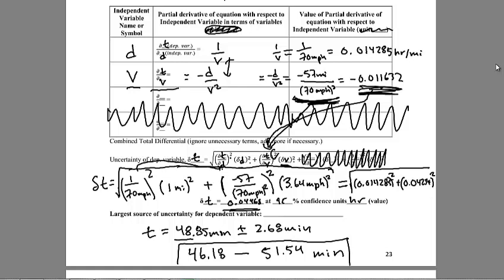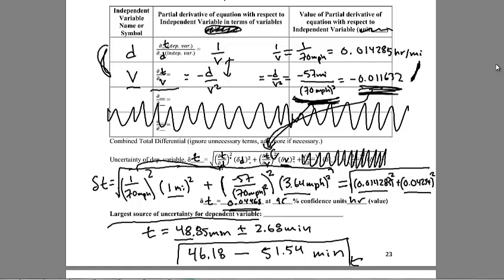Now, when we are thinking about what causes this range, what causes this uncertainty, we can go back and look at our two independent variables and the uncertainties they produced, compare those, and actually figure out what is causing the uncertainty. What is our largest source of uncertainty for our dependent variable, the time? In order to do that, what we can compare is this term with this term. Notice we don't want to just compare these two, because these are just the partials, and we don't want to compare just the uncertainties on the measurements.